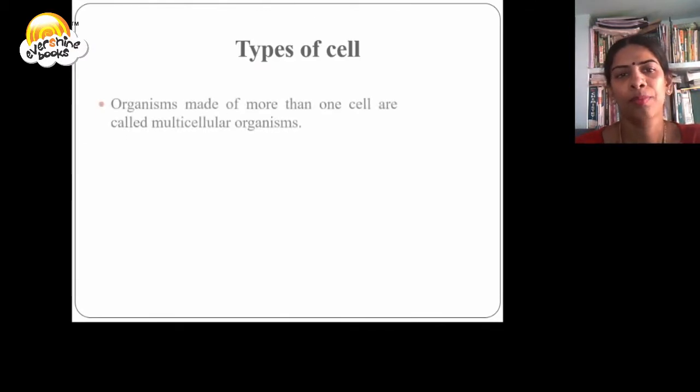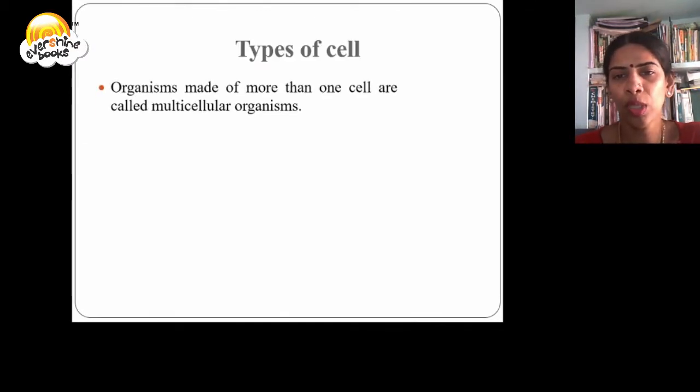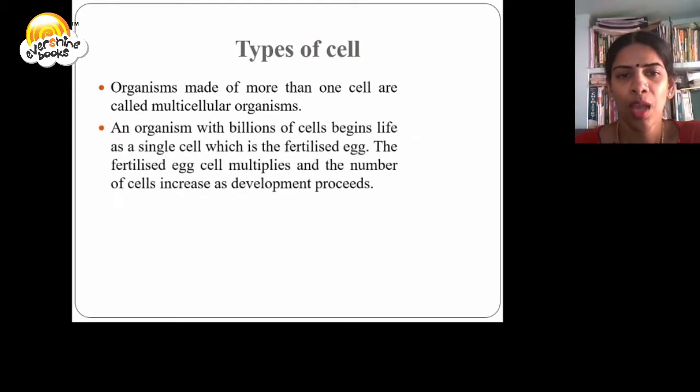Types of cell. Organisms made of more than one cell are called multicellular organisms. Organisms with billions of cells begin life as a single cell. That cell is a fertilized egg. The fertilized egg cell multiplies and increases in number as the development proceeds.